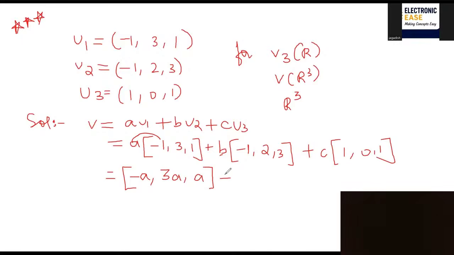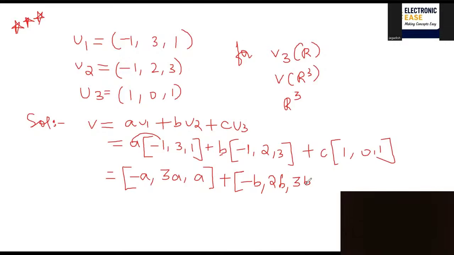Next, plus B into -1 is -B. 2 into B is 2B, comma 3B.